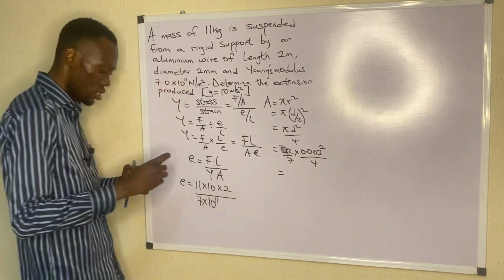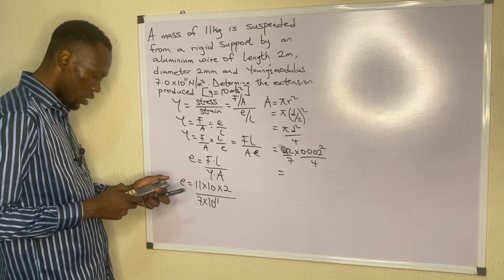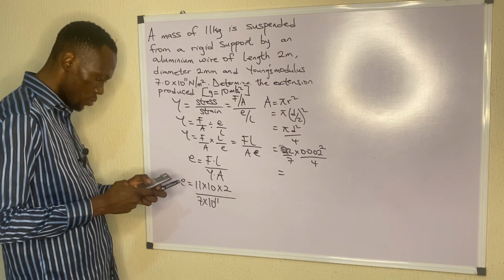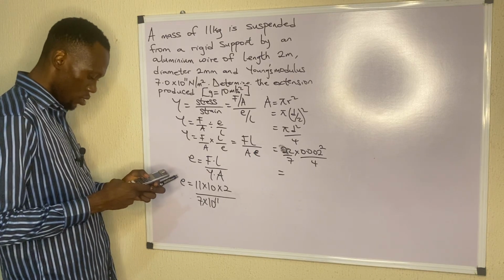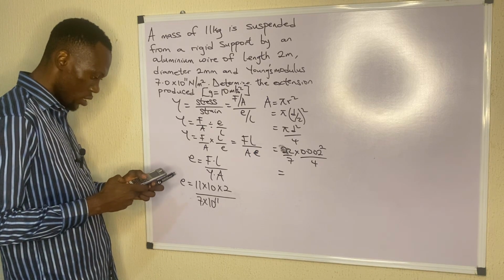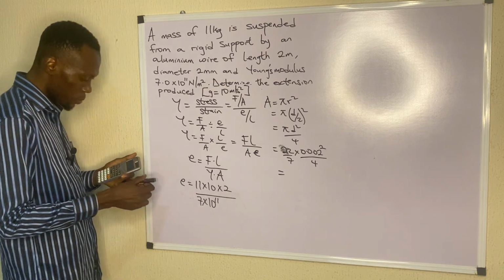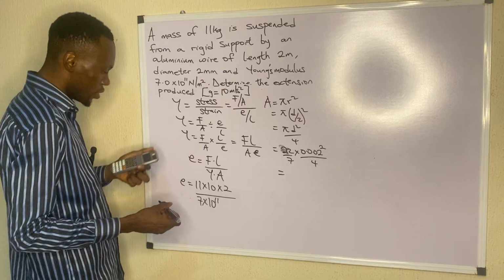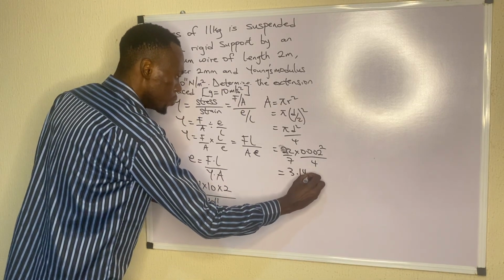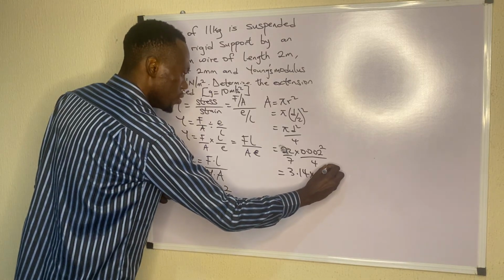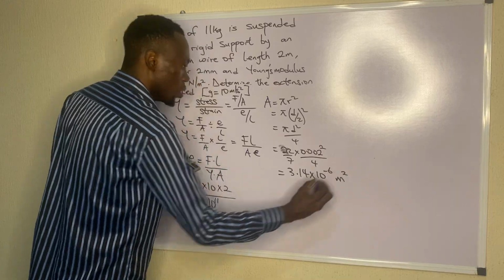Let me punch it in the calculator to get the area of the wire: pi, which is 22 over 7, multiplied by 0.002 squared divided by 4. I'm left with 3.14 times 10 raised to the power minus 6 meters squared, because we are talking about the area.